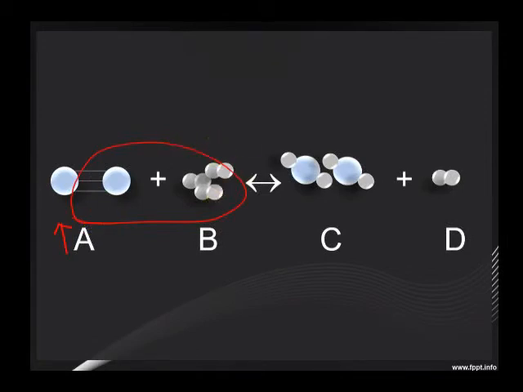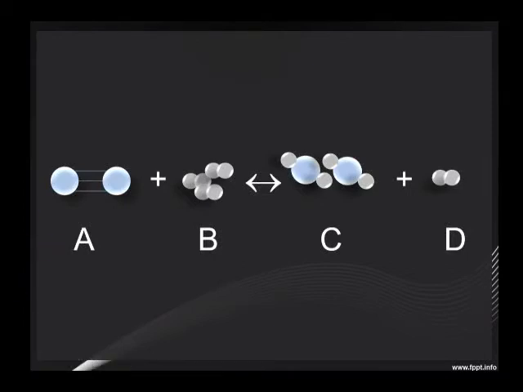We added stress on this side, so the reaction will progress towards the side with less stress. There's more concentration of A and B, so there's more stress. It is going to proceed towards C and D, where there is less stress. Now, that's the basic idea of Le Chatelier's principle. It is just going to balance itself out. It's going to relieve stress. Now, that's if we add concentration.